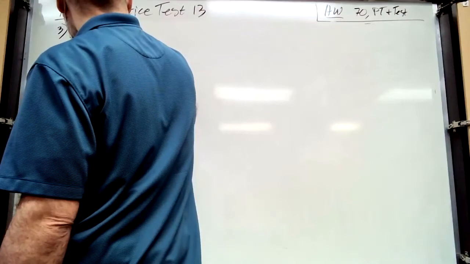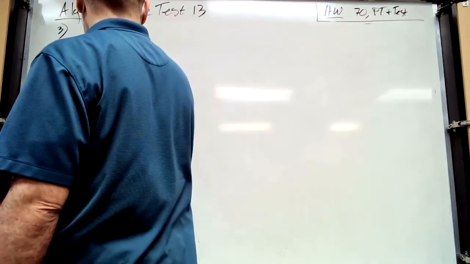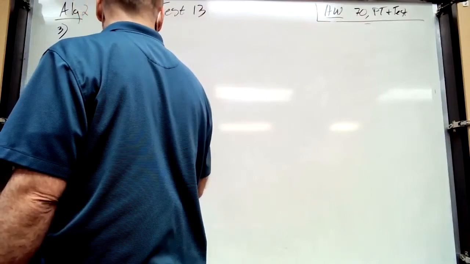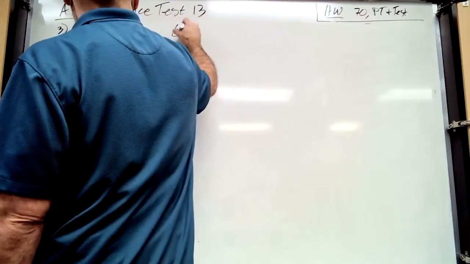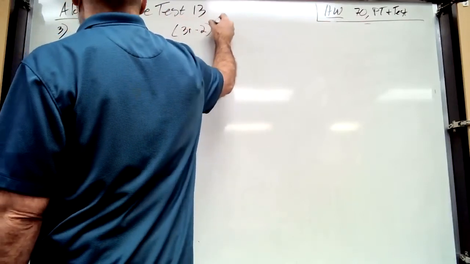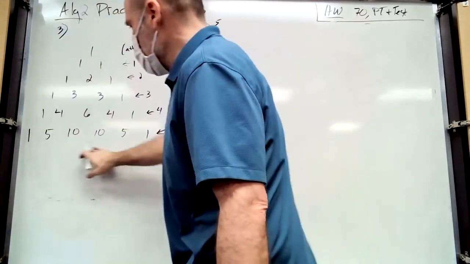This is to the 1. This is to the 2nd power, 3rd power, 4th power, and the 5th power. This is the one we want. This is our binomial, 3r minus 2 to the 5th. So we're going to use these as coefficients.